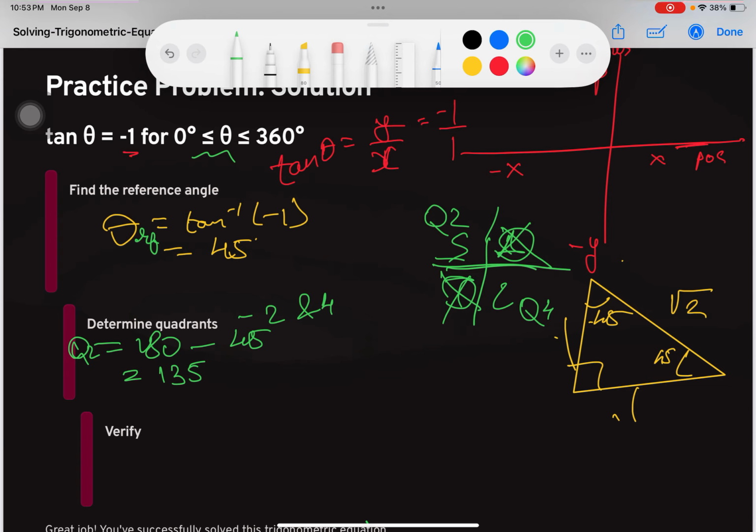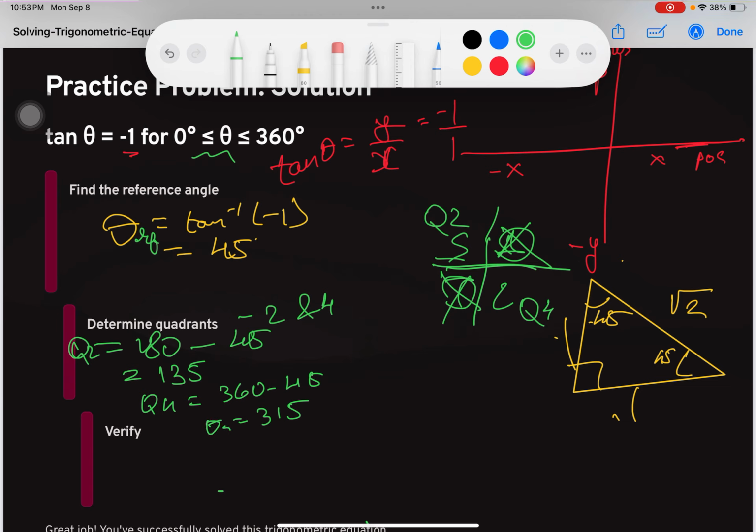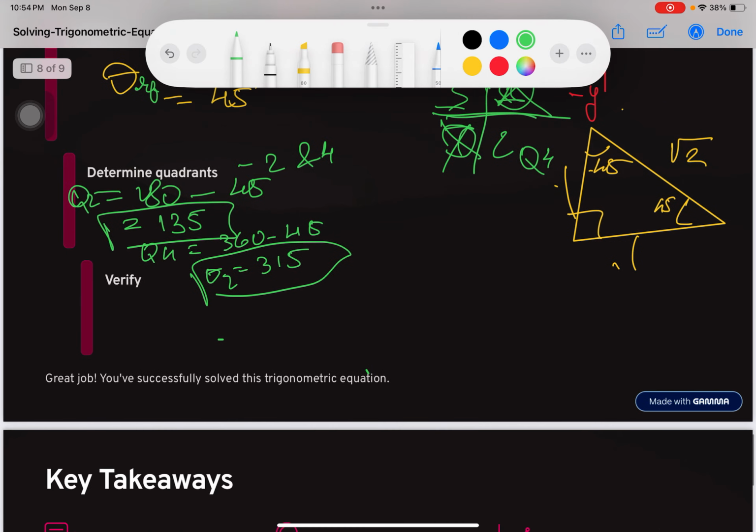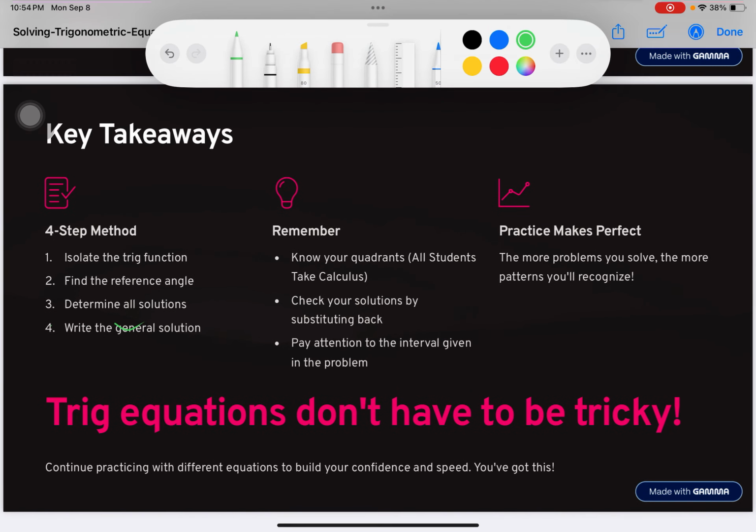And for quadrant 4, we go 360 minus 45, which is 315. So those are the two values. Verify using the same methodology. Key takeaways: it's the 4-step method, or 3-step method.